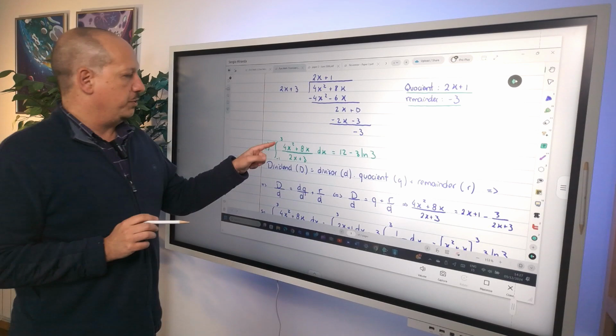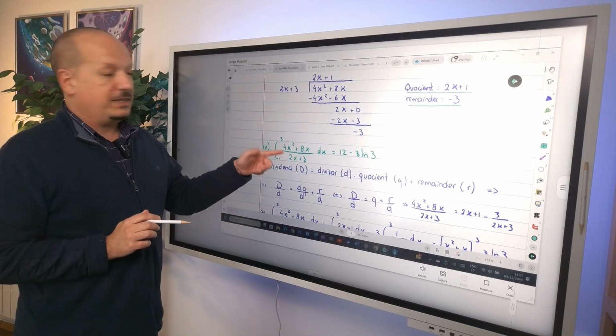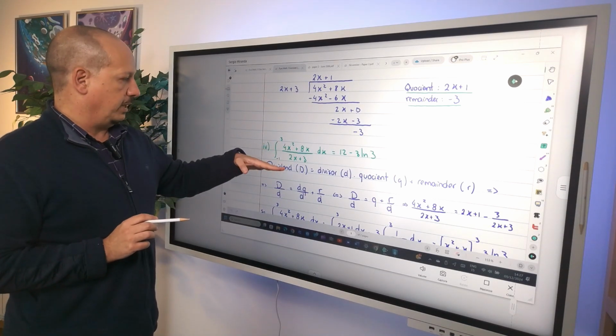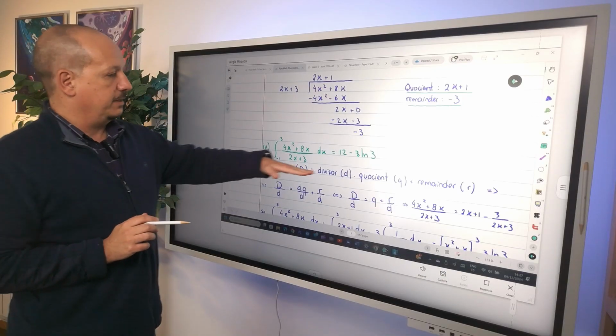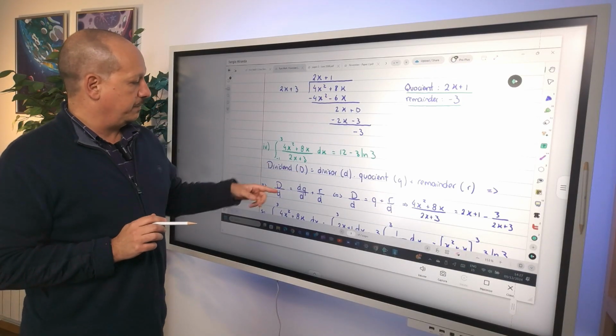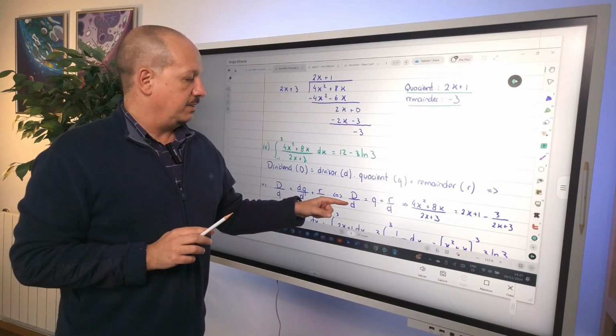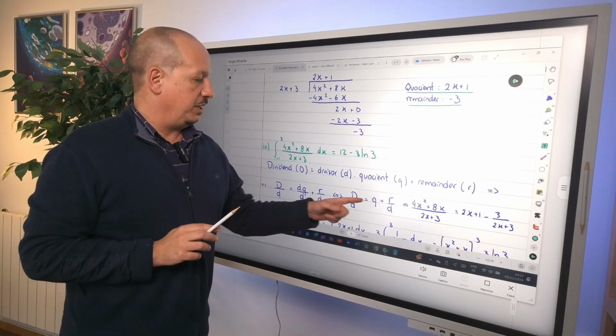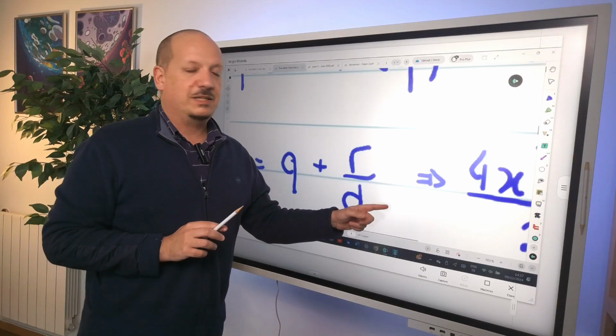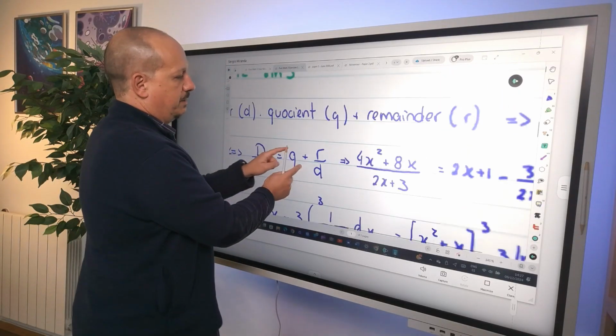What you have over here is the dividend divided by the divisor. So let's divide this equation on both sides by the divisor, and what you get is the dividend divided by the divisor equals the quotient plus the remainder divided by the divisor.